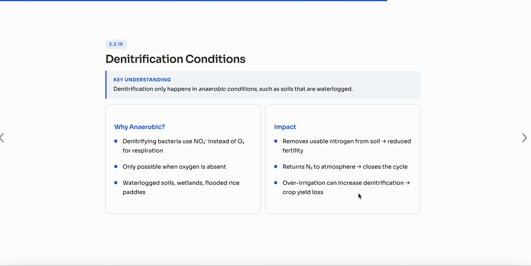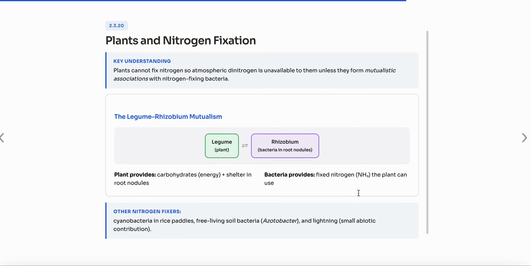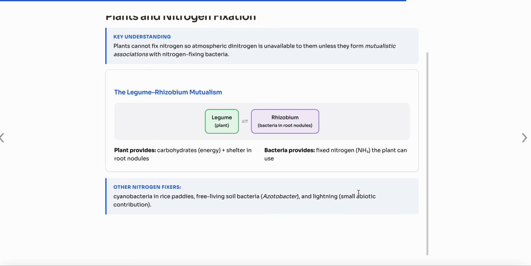Denitrification happens only in anaerobic conditions when the soil is waterlogged. So when you do over-irrigation, it can increase denitrification. Plants cannot fix nitrogen, so it's unavailable to them.